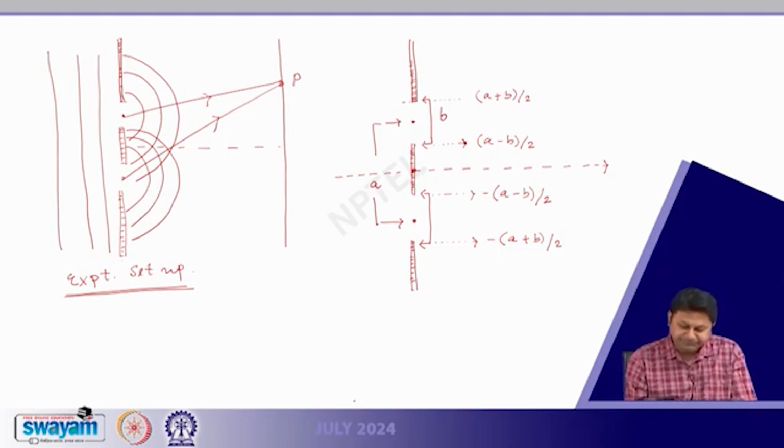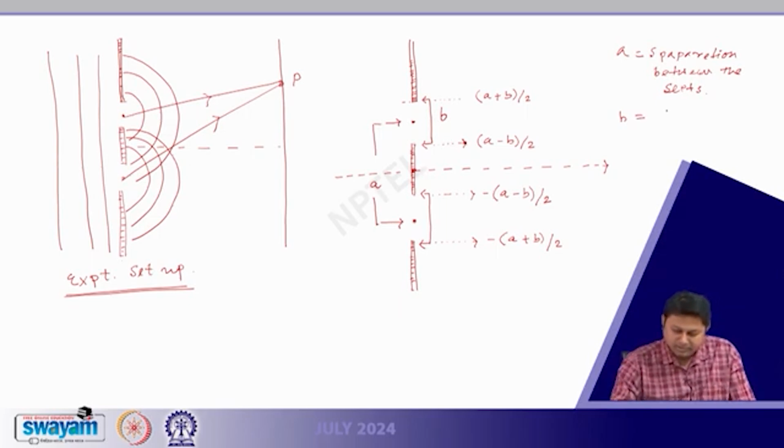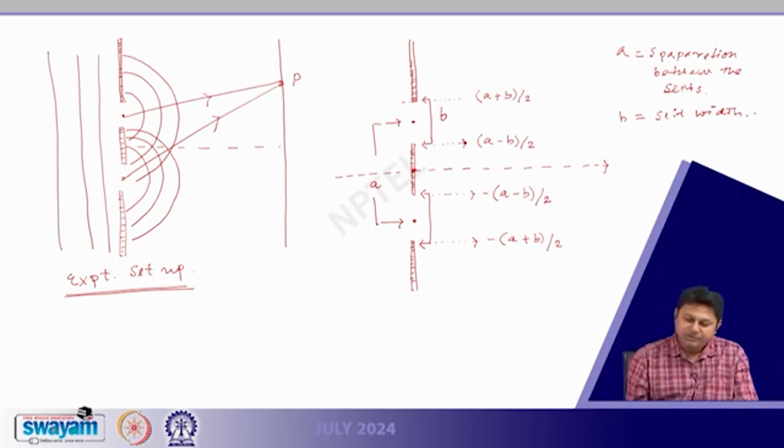Once we define all the points, I need to write that A is the separation between the slits and B is the individual slit width.